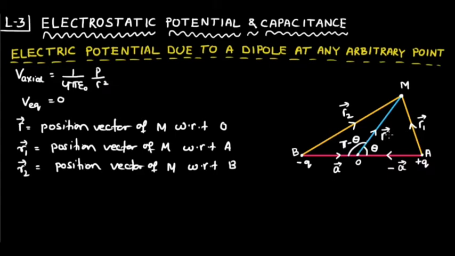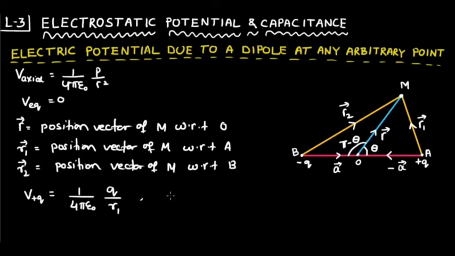Students, we know that at the point M we will get electric potential due to the positive charge as well as due to the negative charge. So the electric potential at the point M due to the positive charge is given by V plus Q, and that is equal to 1 by 4 pi epsilon naught Q divided by R1.